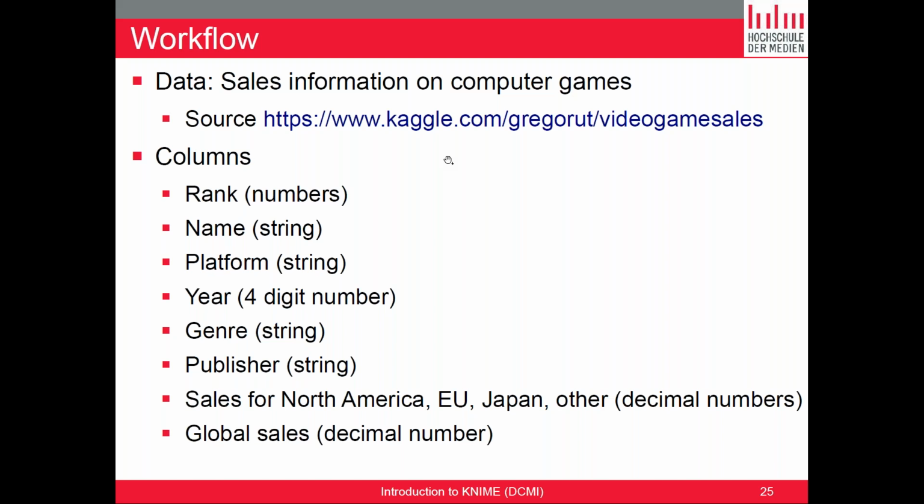The columns are quite easy to interpret. They contain the information rank, which is the sales rank of the game, the name of the game, the platform of the game, meaning is it a game for the PlayStation or Xbox or something else, the year the information is related to, the game genre, the publisher, and sales information separated into North America, EU, Japan, and other, and global sales information, which is the sum of all the 4 separated information pieces.